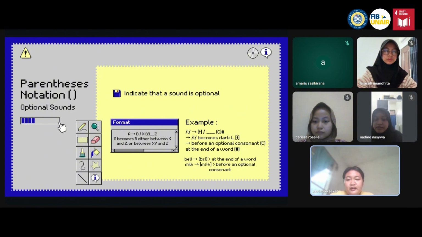For better understanding, we have an example. L becomes dark L before an optional consonant at the end of the word.